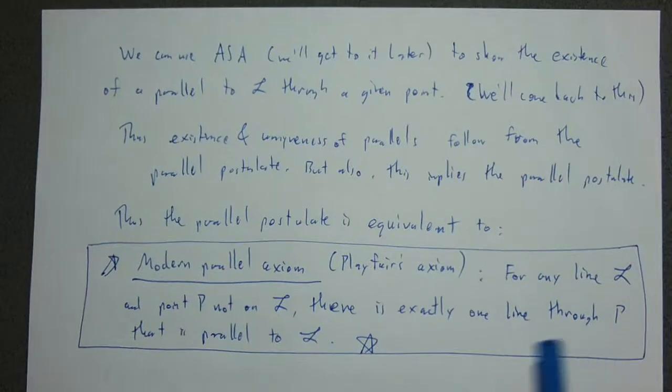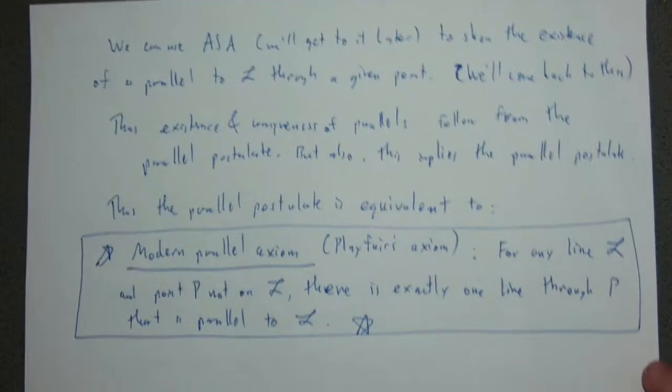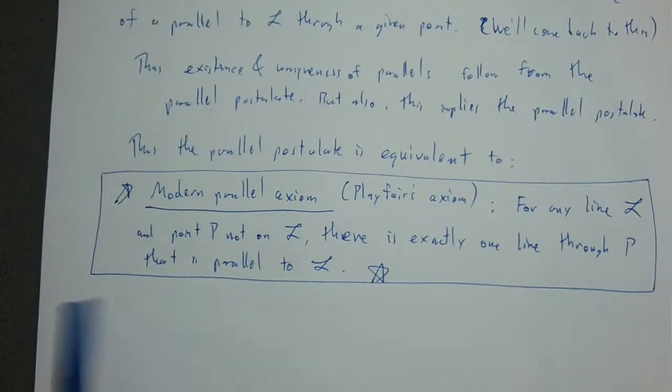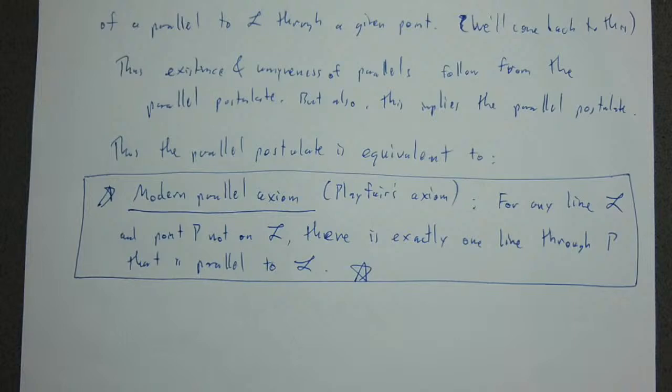All it talks about is the existence and uniqueness of a parallel line to a given line through some point that's not on the line. So this references no angles explicitly. But sometimes we actually want to talk about the angles that result from these parallel line configurations. And so this is not always going to be as convenient for us as the original formulation.